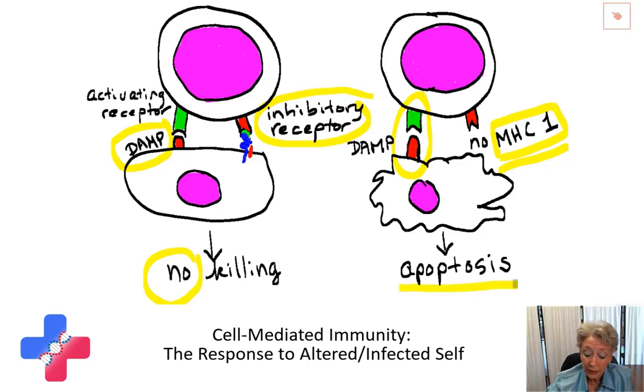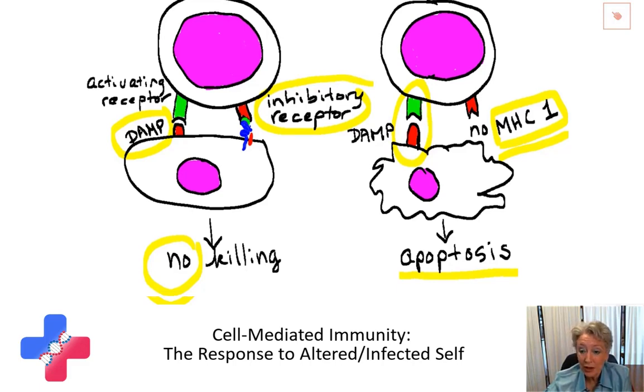Now, students always ask me at this point, or perhaps sometimes after they've thought about it for a little while and come back, since my erythrocytes are the one cell in my body that does not have MHC class 1 on its surface, why is it that my natural killer cells don't just run wild and kill all of my red blood cells? Well, the answer, of course, is in the two-signal strategy.